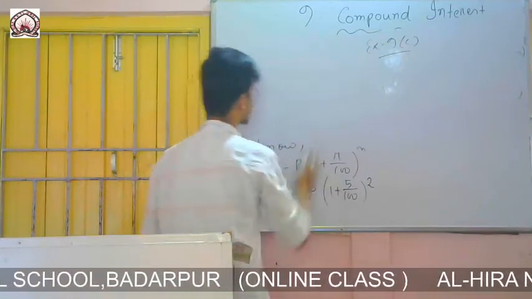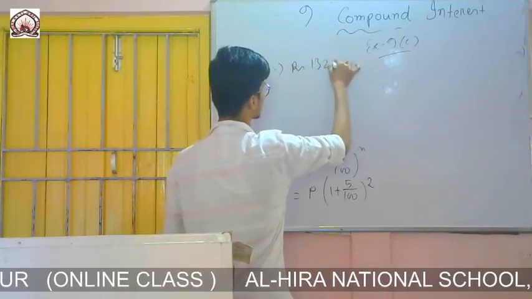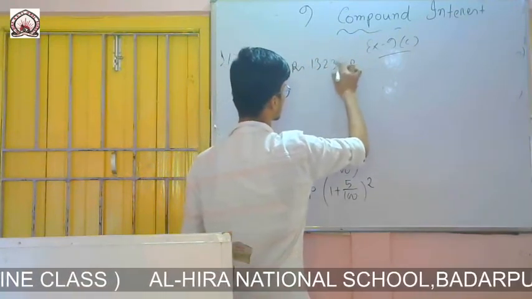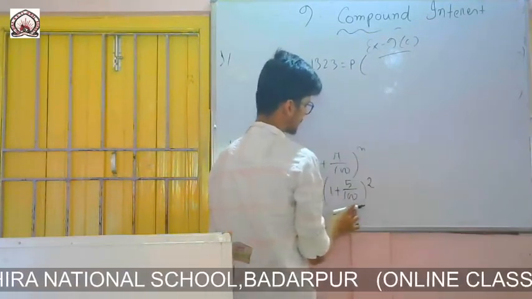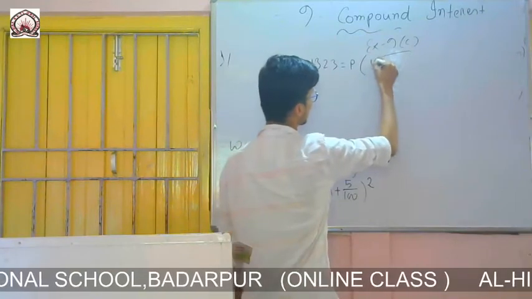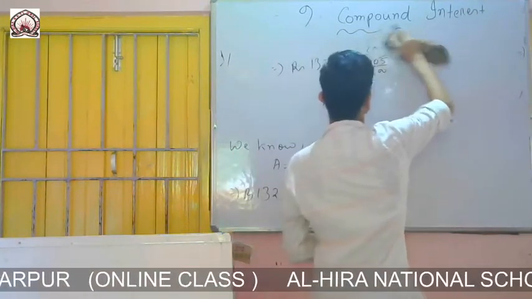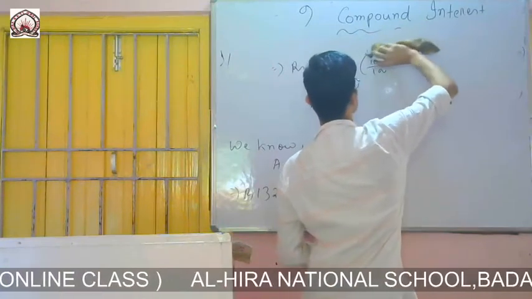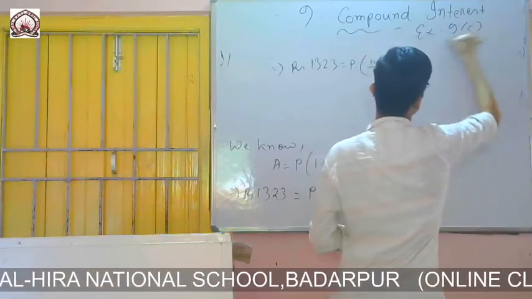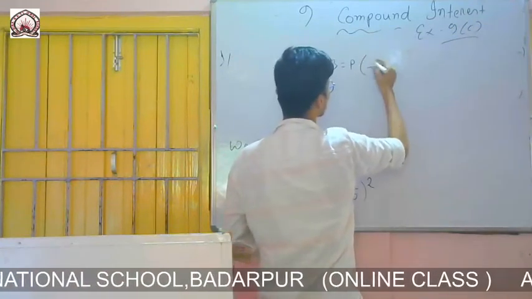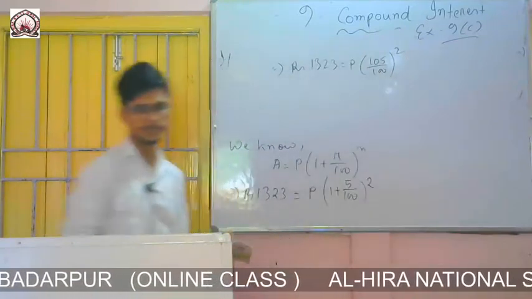So after writing this line, you write rupees 1323 equals P into, this one I can write as 100 plus 5, that means (105 by 100) whole thing square.